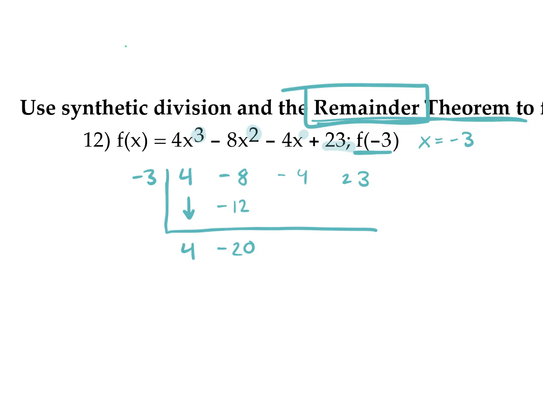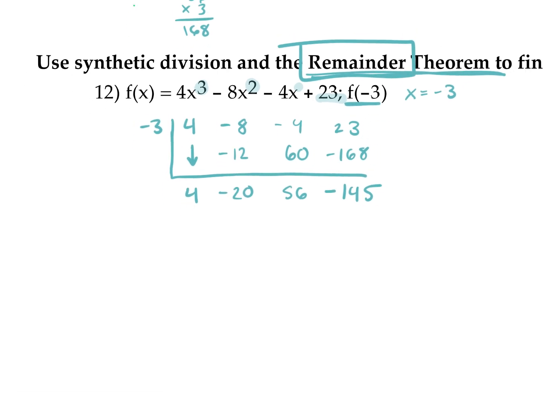Multiply, we get 60. Add, this would be 56. Multiply, I'm going to do it on the side over here. 56 times 3 would be 168. So negative 168. And negative 168 plus 23 would be negative 145.